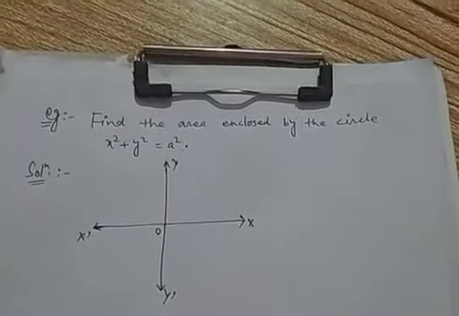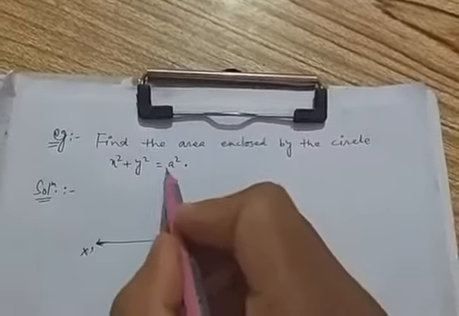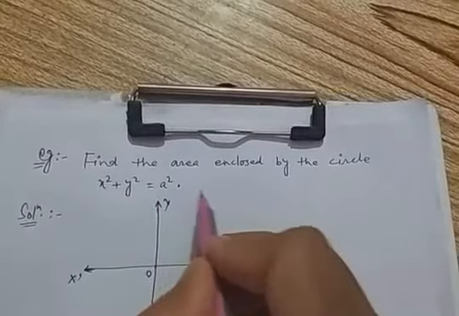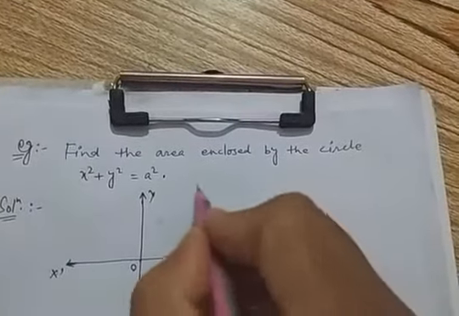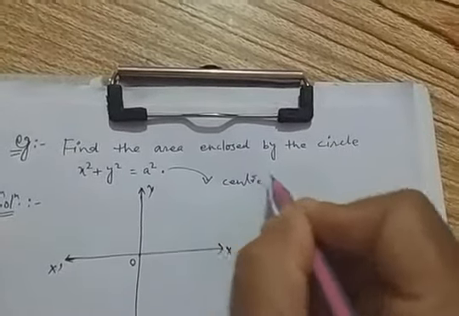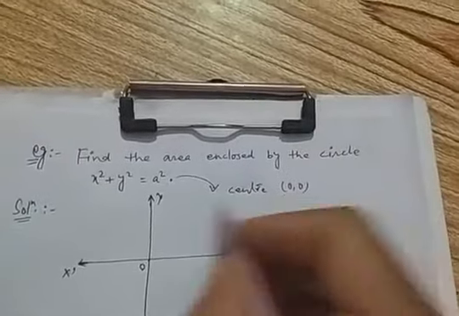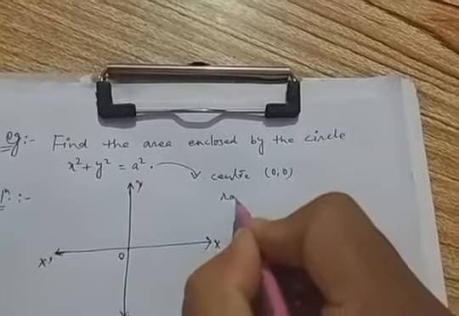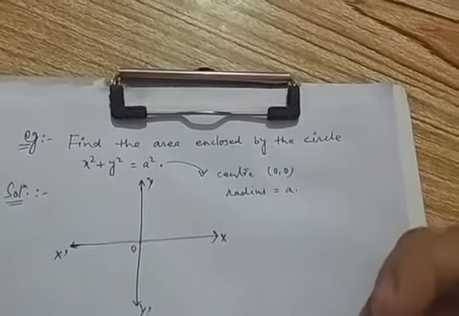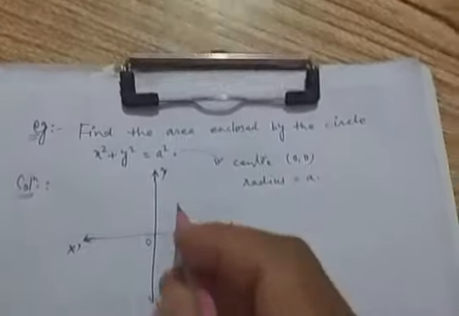Okay, so here students, by the equation of circle, we get the center of the circle is equal to (0, 0) and radius r is equal to a. Okay. So now we draw the circle here students.